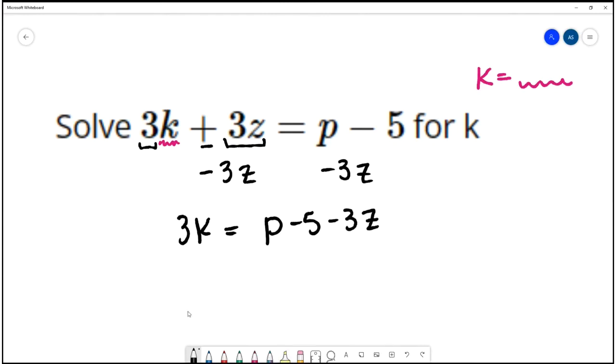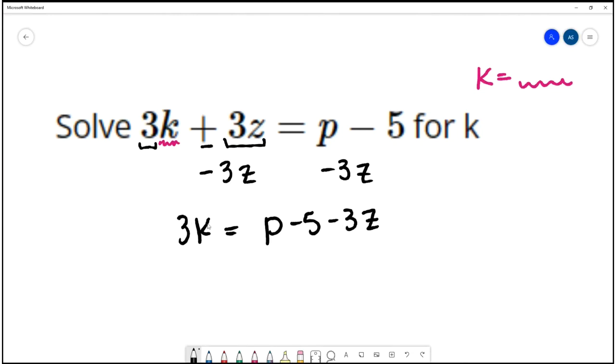The terms that we see on the right-hand side are p, 5, and negative 3z. These are not like terms. Like terms should have the same variable. So because none of them are like terms, we cannot consolidate these terms and actually perform this subtraction.